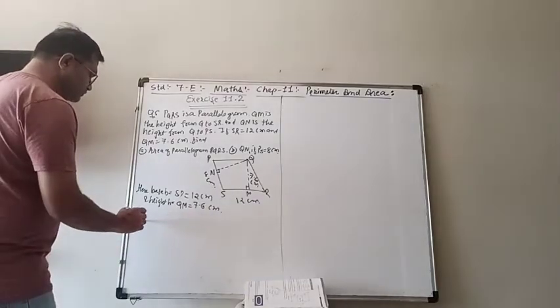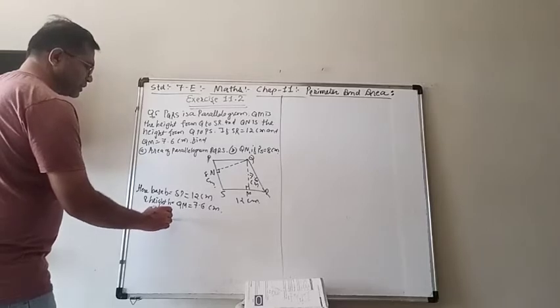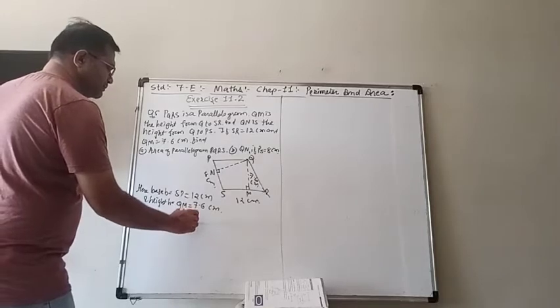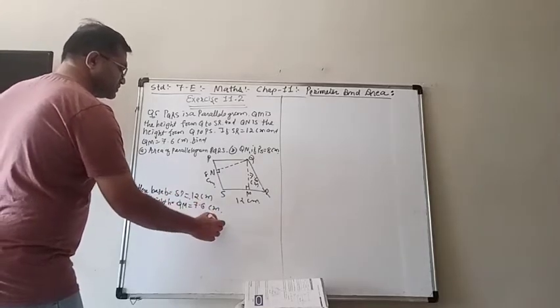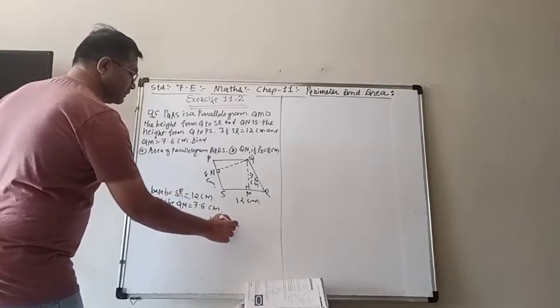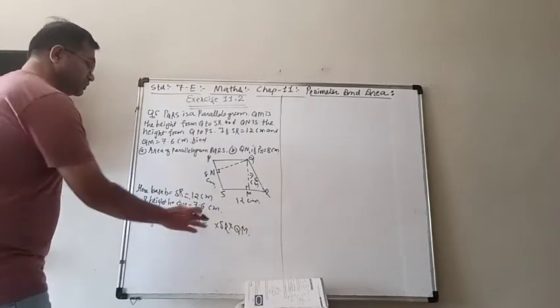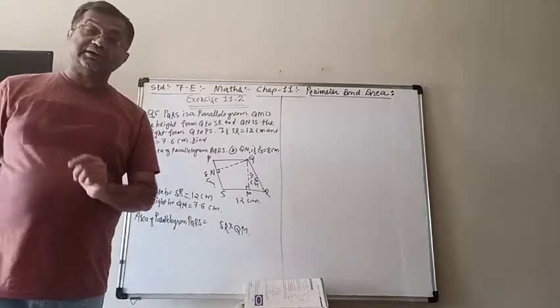So we will use that formula. So area of parallelogram PQRS is equal to half into base SR multiplied by the height QM. But here don't make a mistake. Half is only in the triangle.